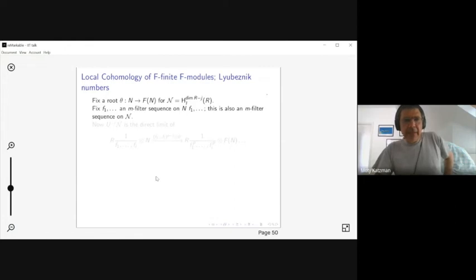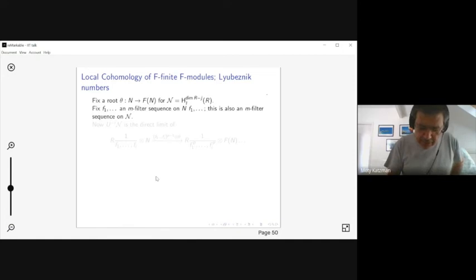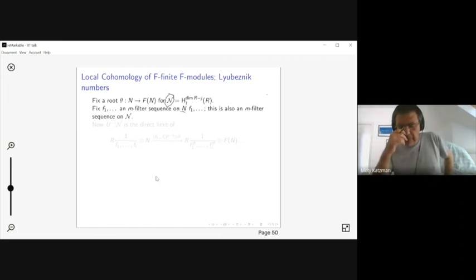To apply the theorem, I'm going to have to find an M-filter sequence. Remember, I want to find the local cohomology with support in M of this gigantic module. So I want to find an M-filter sequence of curly N, and one can convince oneself that if you find an M-filter sequence of the root, that gives you an M-filter sequence on the entire finite F-module.